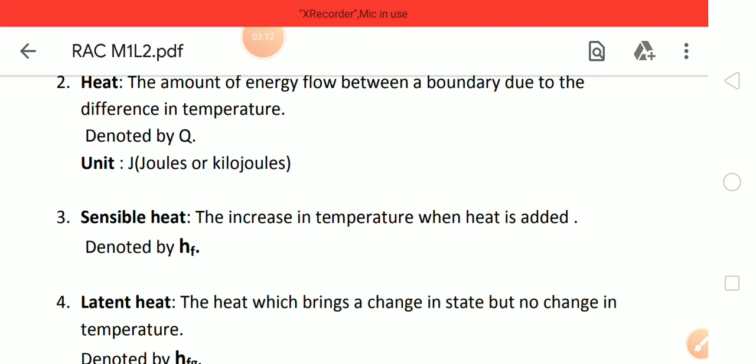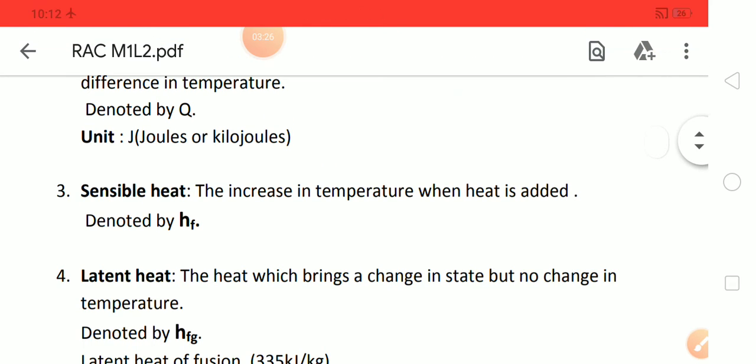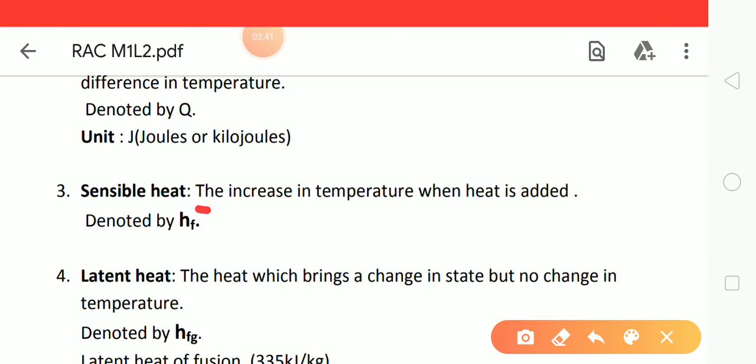She will put her hand on your forehead and say, oh, the temperature is a bit high, I think you are having a fever. So how did she assume that you have a fever? She sensed the heat. Similarly, sensible heat is the heat which can be sensed. It makes an increase in temperature when heat is added.